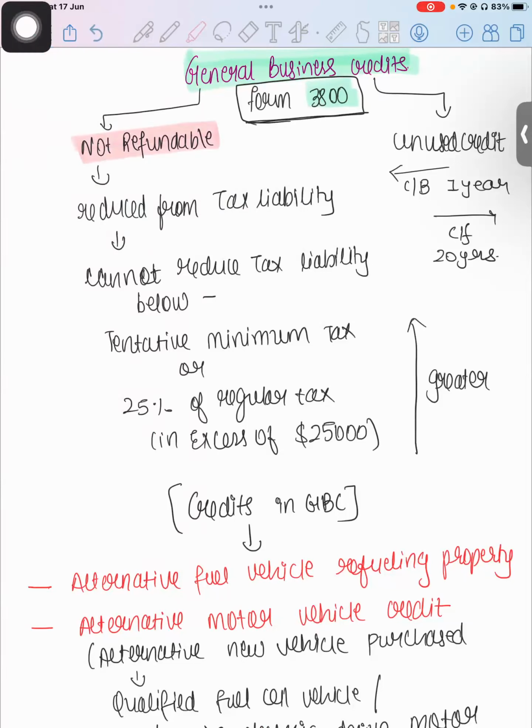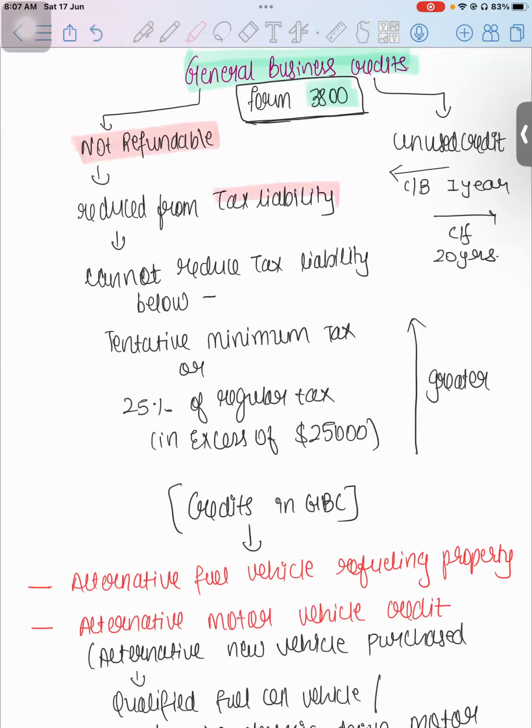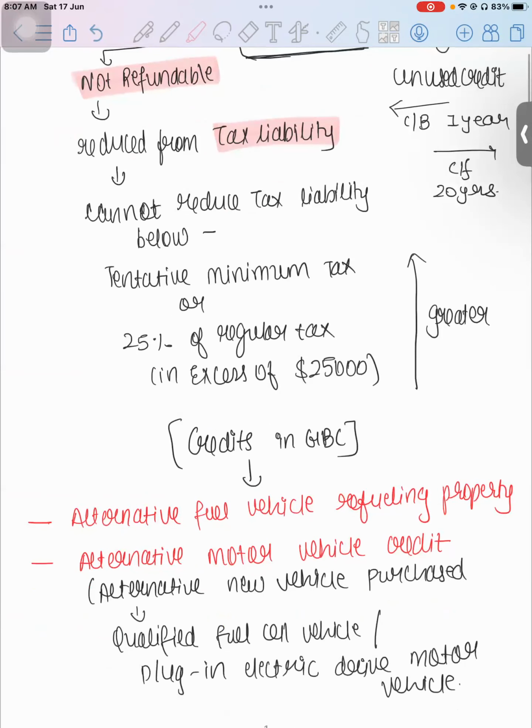So let's see. First of all, whatever credit you are going to get, we have a list over here. We'll go through it. That reduces the tax liability, and it cannot reduce the tax liability below a certain amount. So here is the tax liability. You'll reduce the amount of credit which you can avail, and then you come to a figure after reducing the credits.